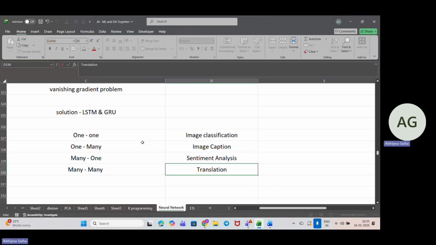Now about GRU, that is gated recurrent unit. It is like a lighter backpack. It has an update gate and a reset gate. Update gate means remember or forget, and reset gate is how much of the past to use. The memory is only one memory, so it is simpler than LSTM, where we have two different memories, long memory and short memory.